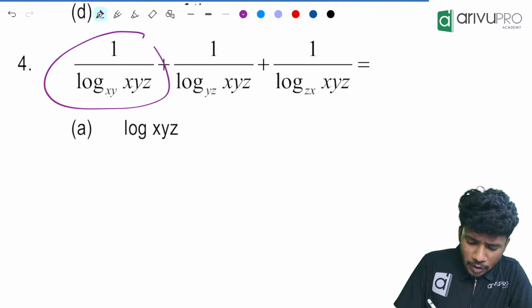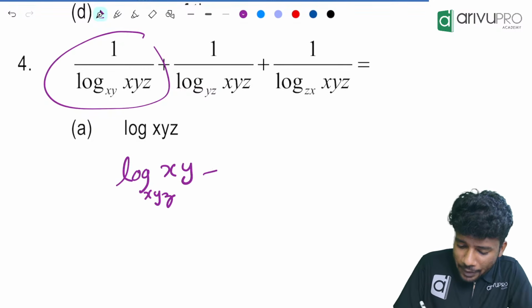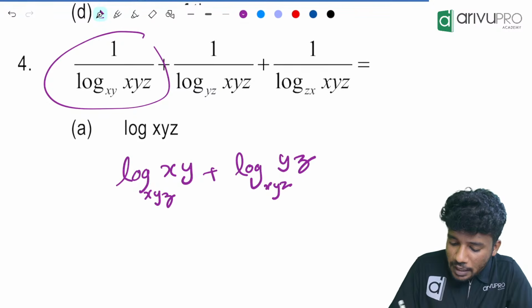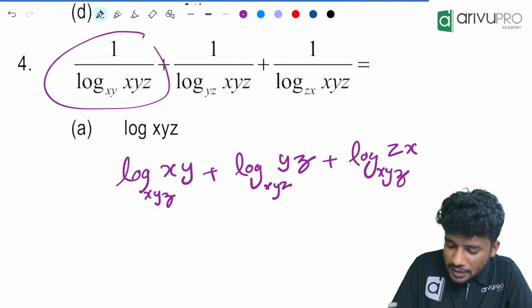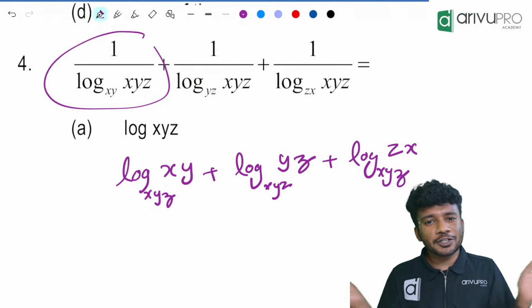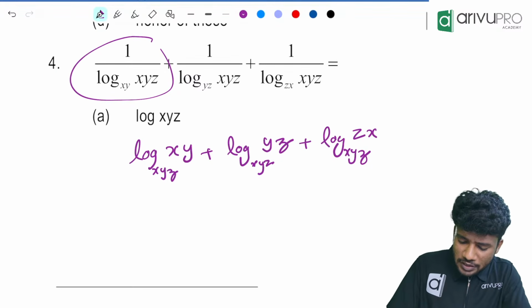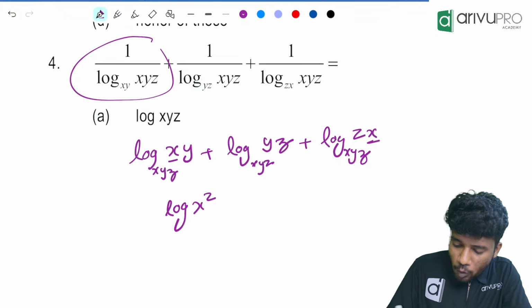I can write it as log of xy to the base xyz plus log of yz to the base xyz plus log of xz or zx to the base xyz. Now the bases are the same. I can use the addition property, or the product rule. Very easy. Now people, just take the product rule. It can be written as log of x into x, which will become x square.